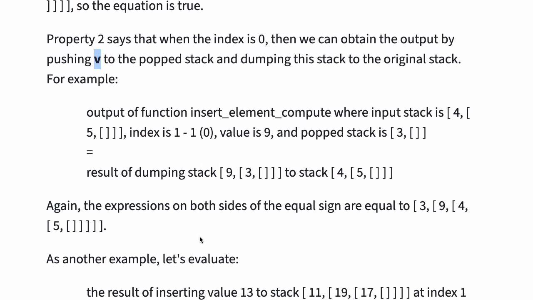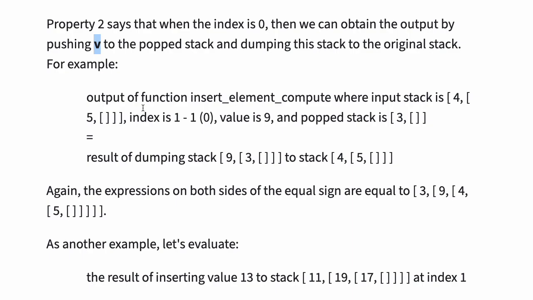For example, the output of the function insert_element_compute, where input stack is 4, 5, index is 1 minus 1, value is 9, and the pop stack is 3, is equal to the result of dumping stack 9, 3 to stack 4, 5. Again, the expressions on both sides of the equal sign are equal to the stack 3, 9, 4, 5.